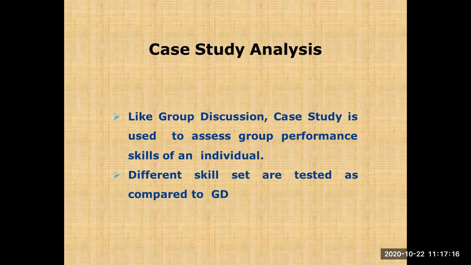After all, we have to implement the actions and come up with a valid outcome. That means different skill sets are tested as compared to group discussion. It is the next step of group discussion. You may term group discussion a preliminary parameter to succeed in case study analysis.